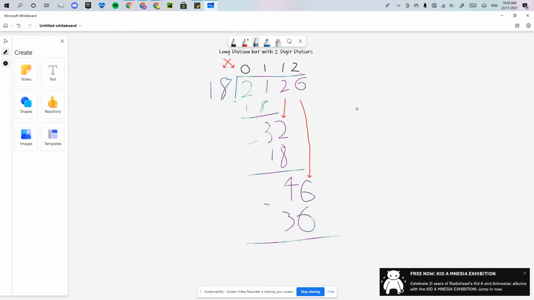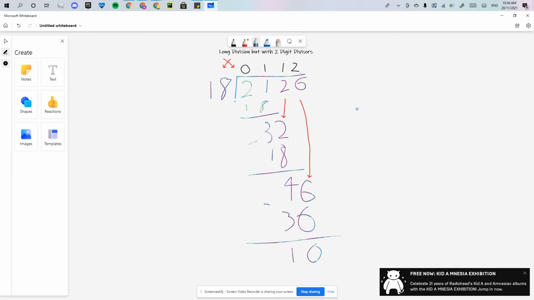That gives us a remainder of 10. Okay, we finished. So we did 2, we did 1. That's long division. And we got the answer of 10.